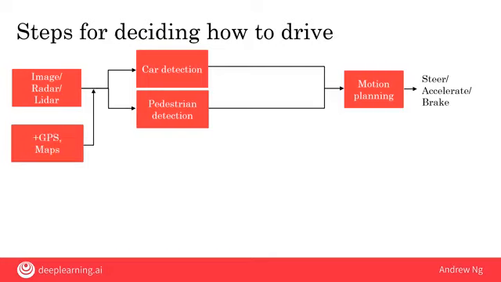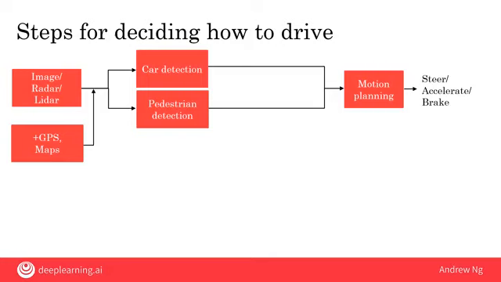Most self-driving cars today will also use GPS to sense their position, as well as accelerometers, sometimes called an IMU, which basically means accelerometers and gyroscopes, as well as a map, because we know that cars are more likely to be found on the road, and pedestrians are more likely to be found on sidewalks, although they are sometimes found on the road as well. And all this is usually additional information that's fed in to detect cars and pedestrians, as well as other objects we'll talk about in a second.